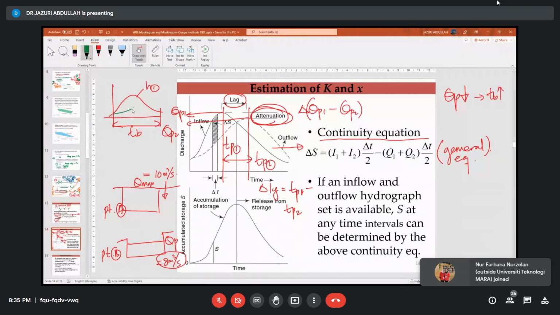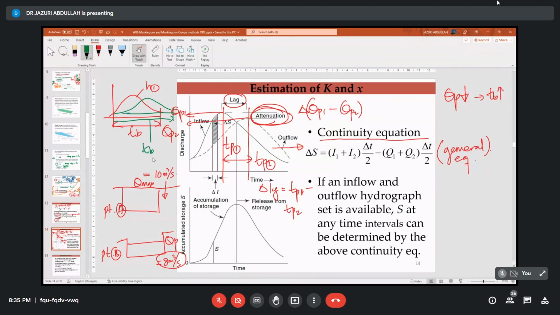Okay, so ini hydrograph satu lagi tu. So kita akan ada satu TB yang warna merah dan juga TB yang warna hijau. So basically TB warna hijau lebih besar daripada TB warna merah. Boleh faham?